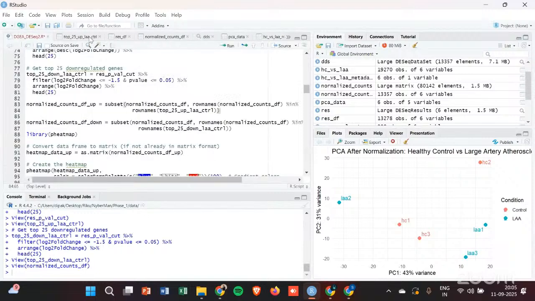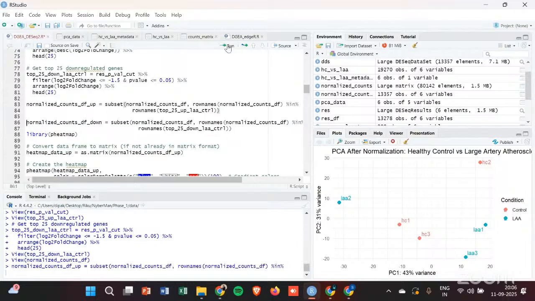I'll close these so that it's a bit easier for us to navigate. Okay. So now I want only those genes from normalized counts df which are also in top 25 up LAA control, because I want the normalized counts values of only the top 25 upregulated genes.